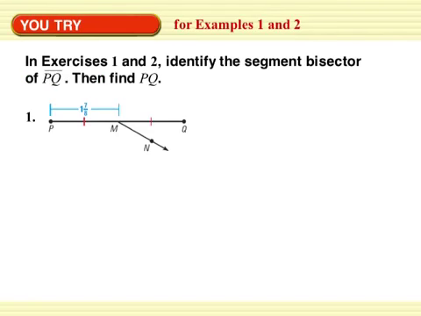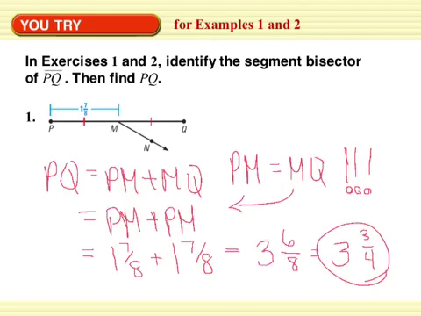All right, here's a you try. Go ahead and push pause and try this one on your own, and then push play and check your answer. All right, PQ is equal to PM plus MQ. These tick marks tell us that PM is equal to MQ.